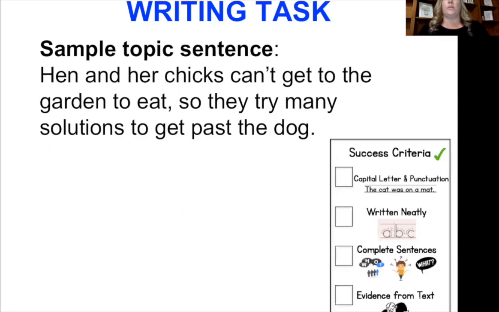Yes, we do. Make sure you use neat handwriting. Is our sentence complete? Yes, it has a subject, which tells who our sentence is about, and a predicate, which tells what they do. Did we use evidence from our text? Yes, we did. Great job, friends.